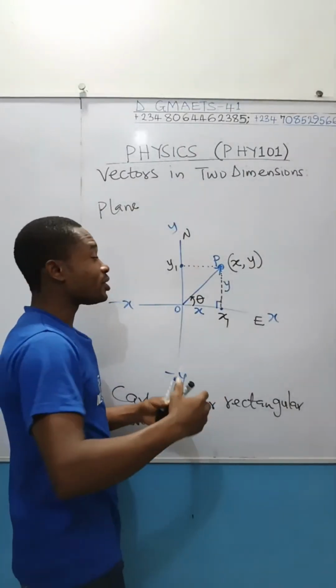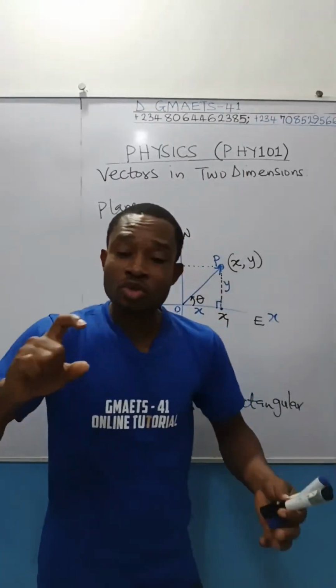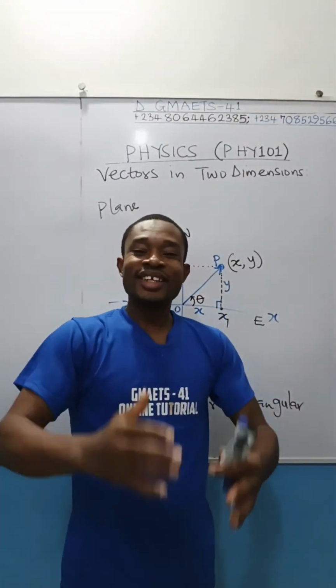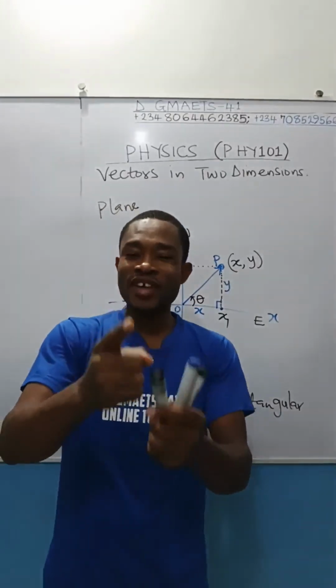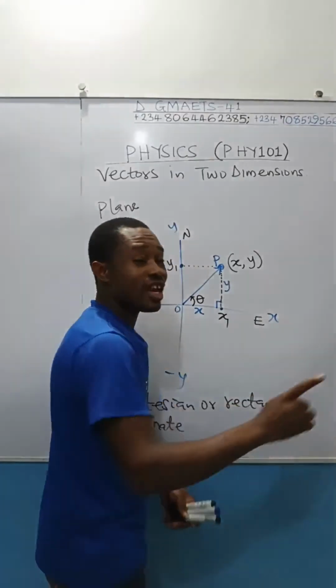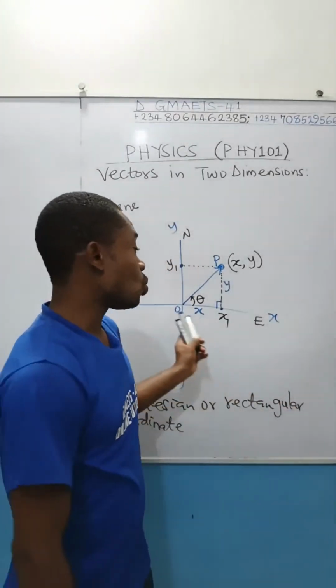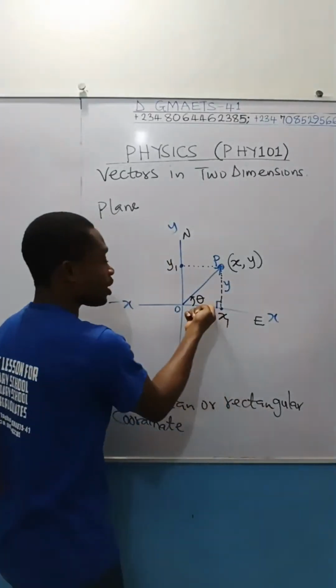So anytime you want to determine the direction of a vector, all you have to do is calculate the value of the angle that the vector made with the positive x-axis, that is with the east cardinal point. You measure from that point.